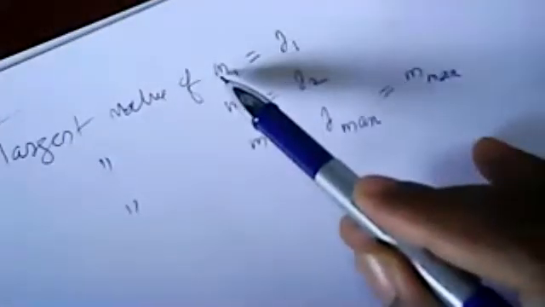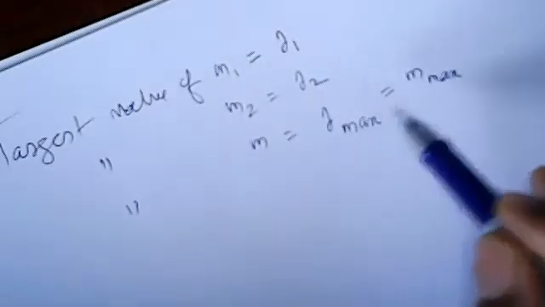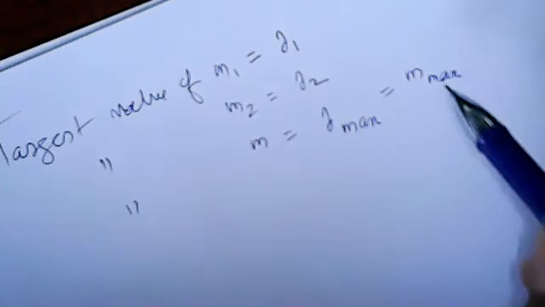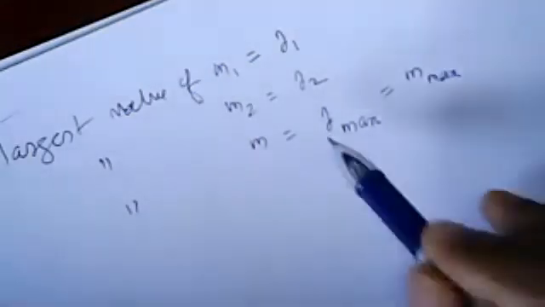Correspondingly, we have a set of M1 values, a set of M2 values, and combined with these two, we have a set of M values. From that, the maximum value of M should be one of the J values, and that is the maximum J value, J max.